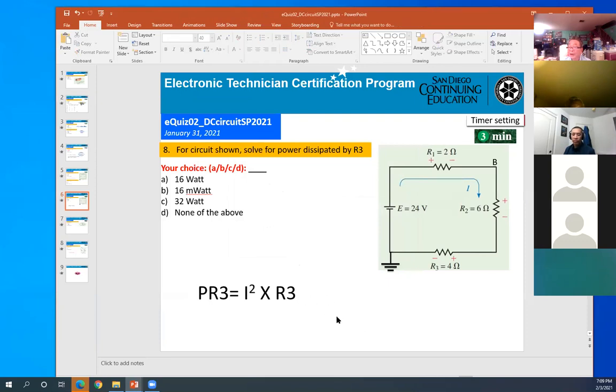Okay, which one is the right answer? C. 32 watts.